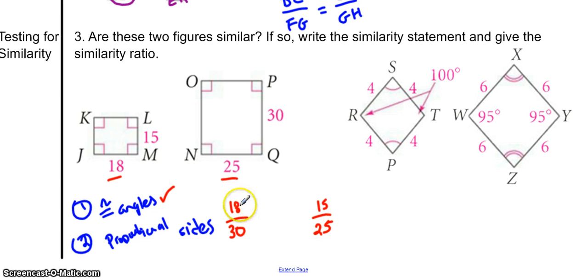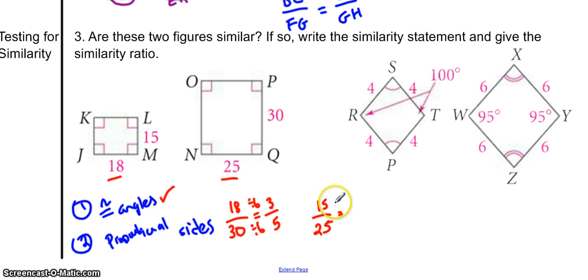Well, let's see. 18 over 30. Does that simplify? I could probably divide both the top and the bottom by 6. 18 divided by 6 gives me 3. 30 divided by 6 gives me 5. And then 15 over 25.